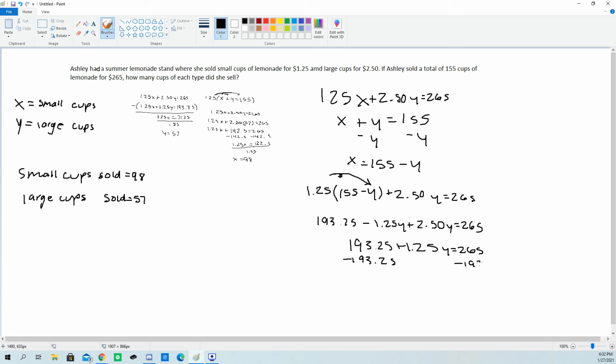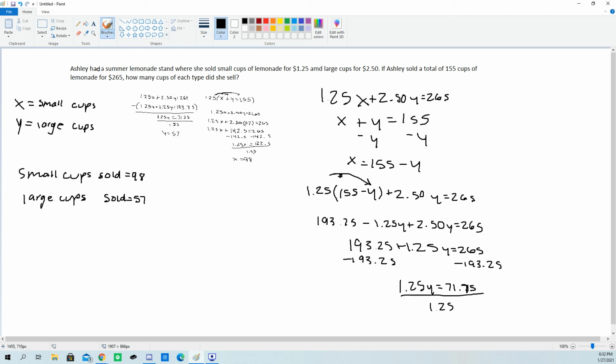I'll put that in my calculator real quick. It gives us 1.25y equals 71.75. Okay, divide both sides by 1.25.